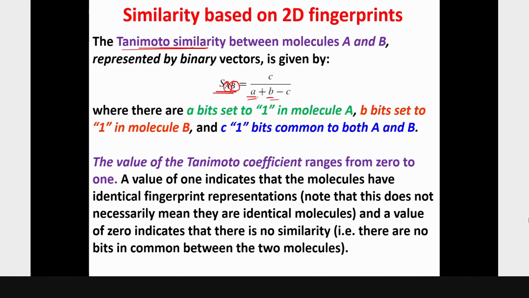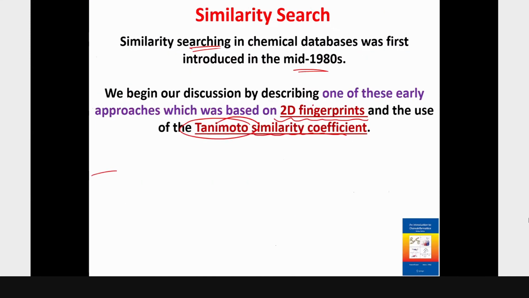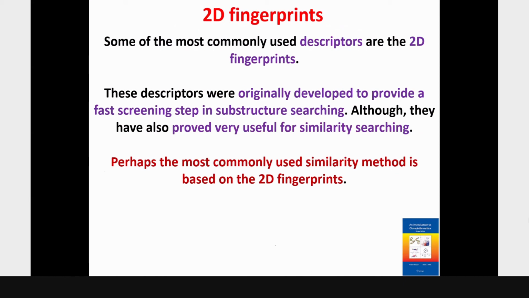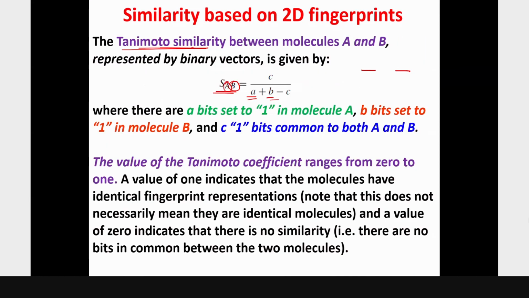Now, what is the meaning of this? Suppose there are two compounds to compare. Now I said earlier, it has been mentioned very clearly, the similarity is subjective. There are no hard and fast rules. So when you are talking about the similarity, you have to consider different fragments. So suppose I consider 12 different fragments, like one of my fragments is the benzene ring.